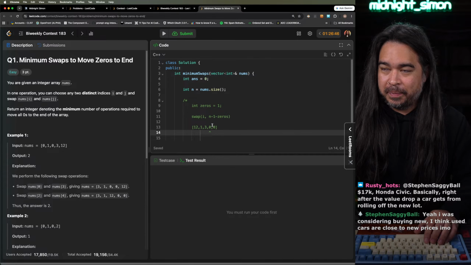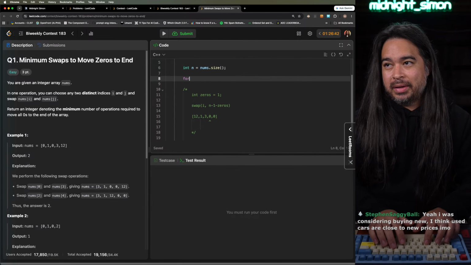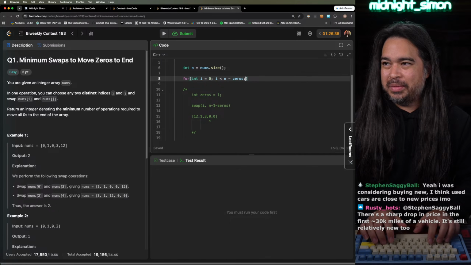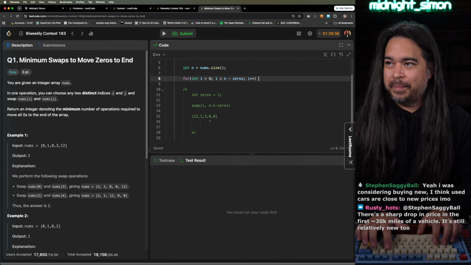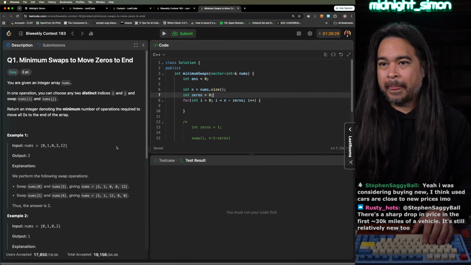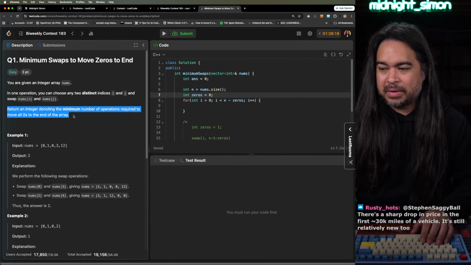That's it. So let me try and implement that. Should I just do that? Can I do that? Wait. Should I just count all the zeros if they're not at the end?